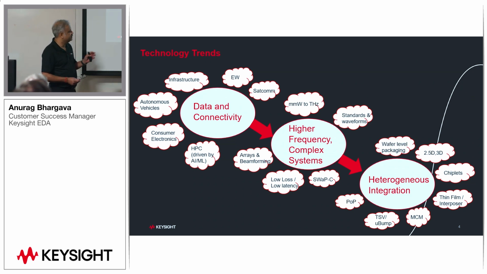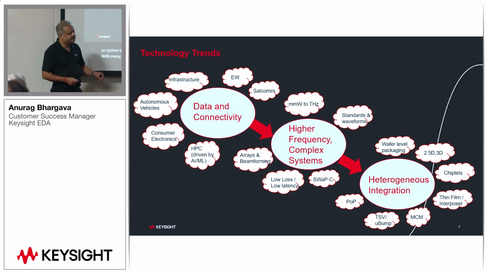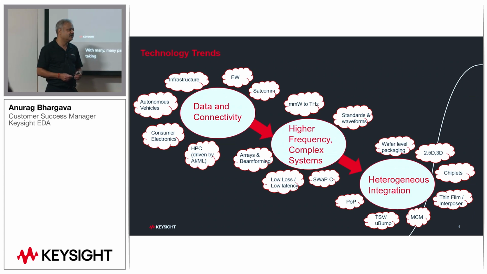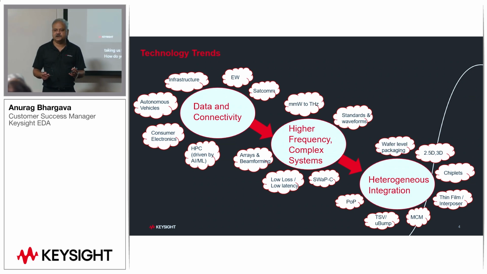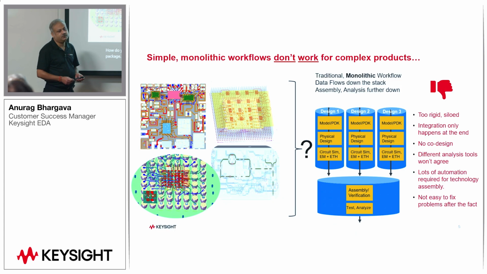So those challenges are taking us towards doing things in a new manner. Heterogeneous integration is the buzzword. How do you integrate all those different varying technologies into the same kind of module or package? So everything is bringing a lot of interesting challenges as we go along, and I will try to answer those.